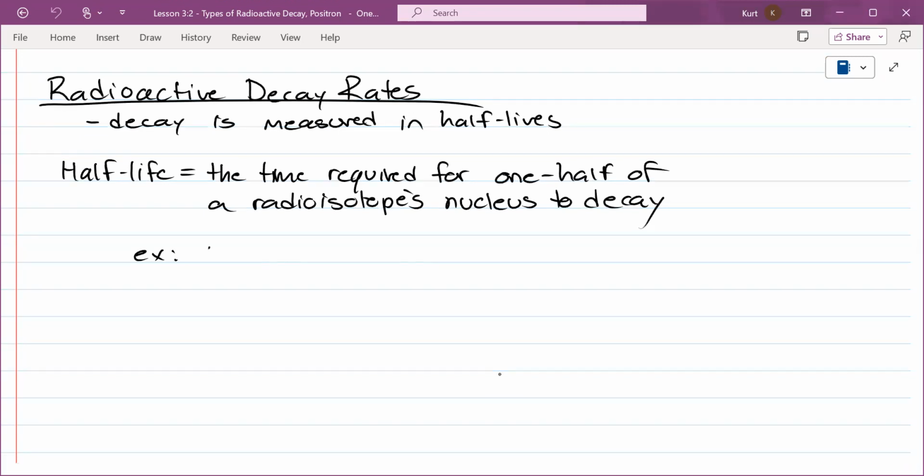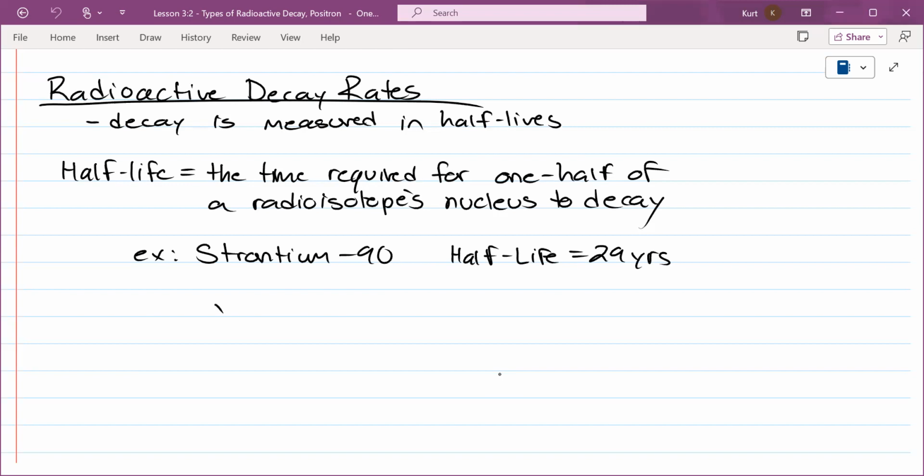Example is strontium 90. Its half-life is 29 years. So I want to give you an example. Let's make it very easy.